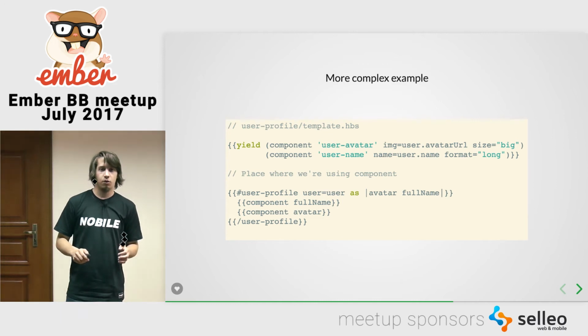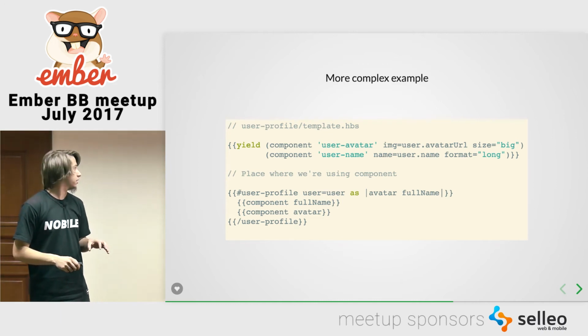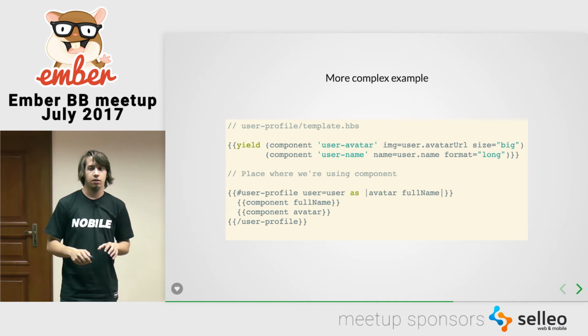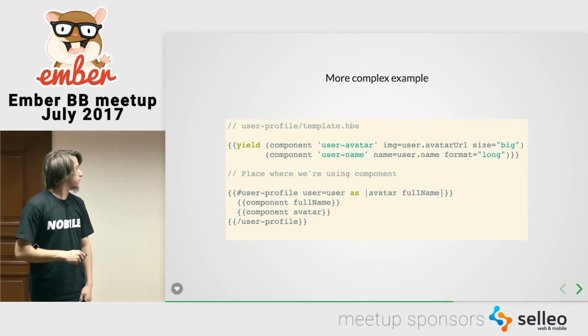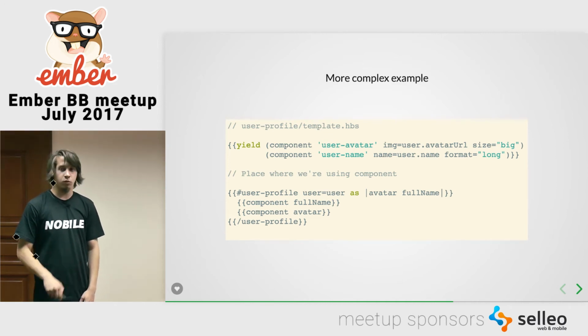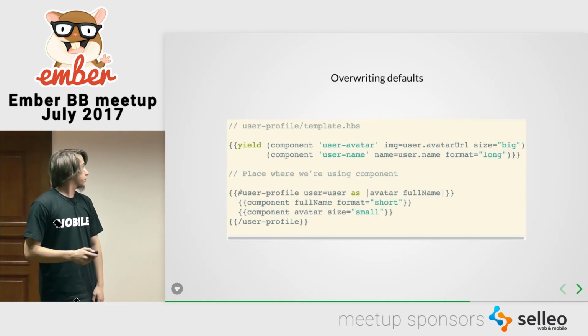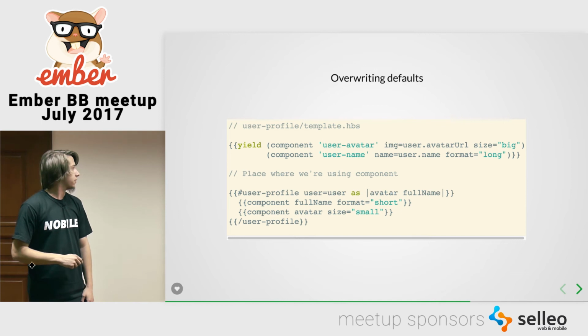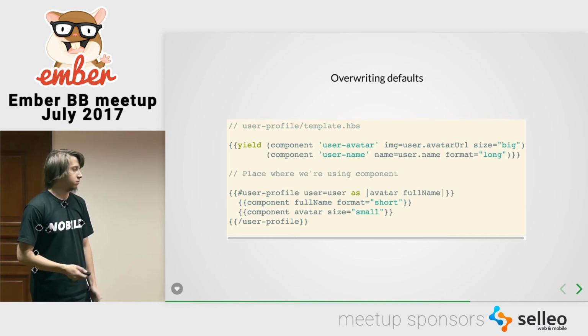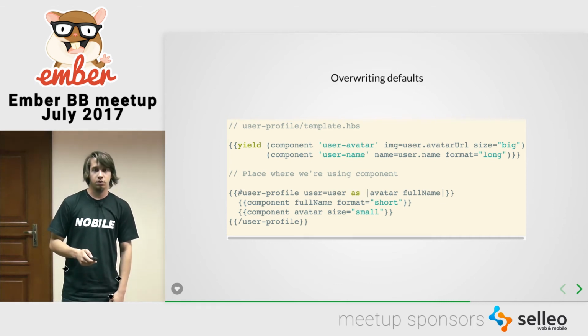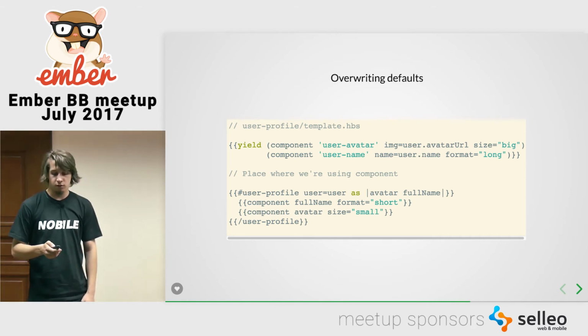So our component is now really easy to extend. But there is something here that we must work on in the next iteration. Of course, we can override our defaults from here. So it's really easy to customize in every place where we are using this component.